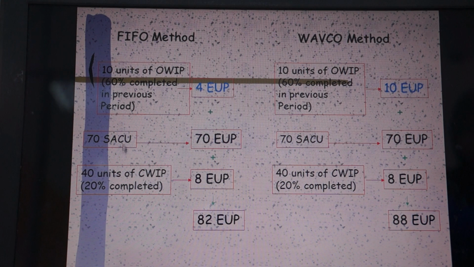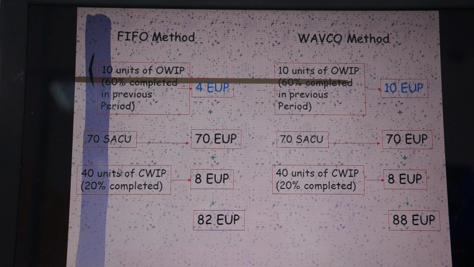For example, in this process we have another input of 70 units in the current period. So the 70 units input in this current period are completed, so we get 70 equivalent unit production.